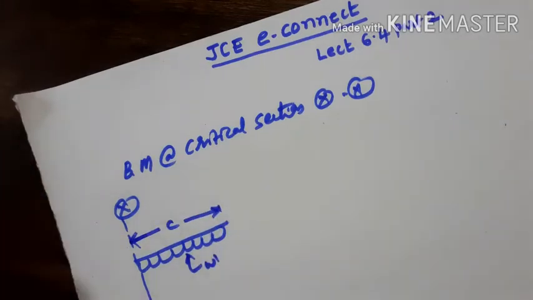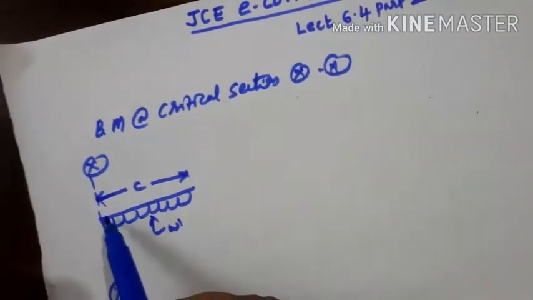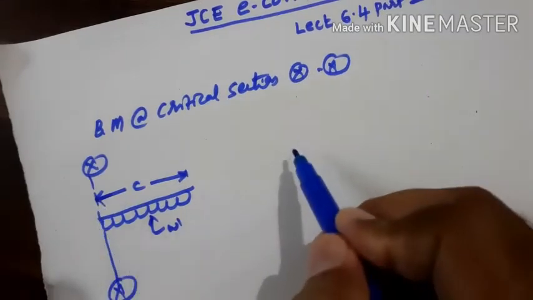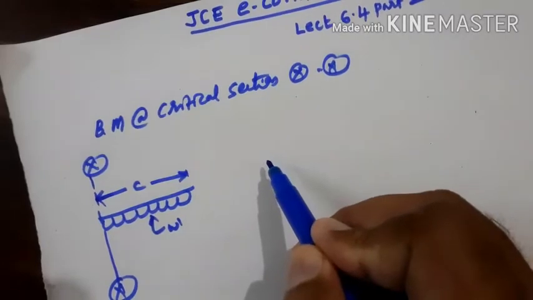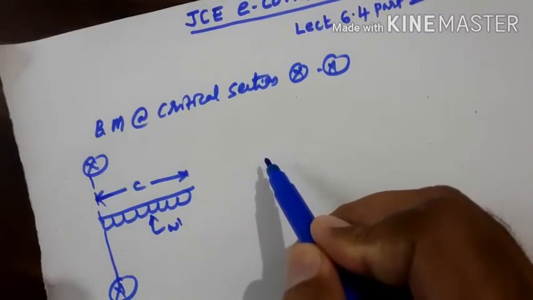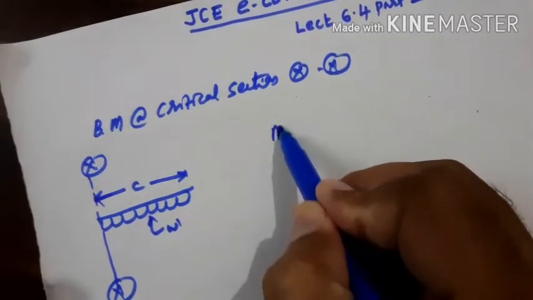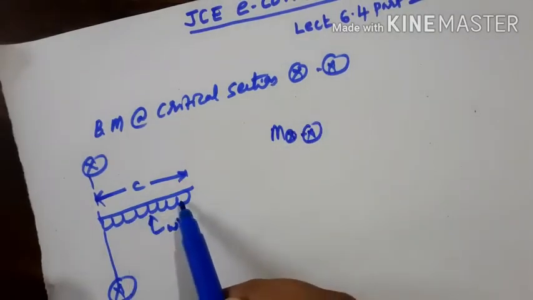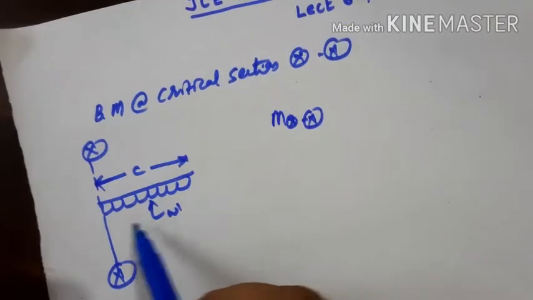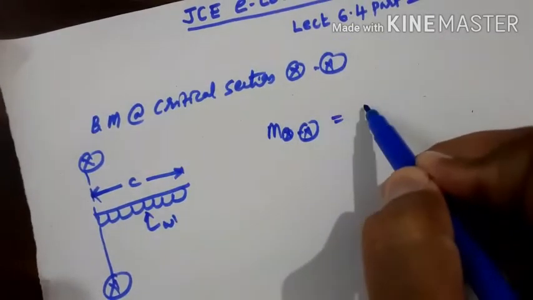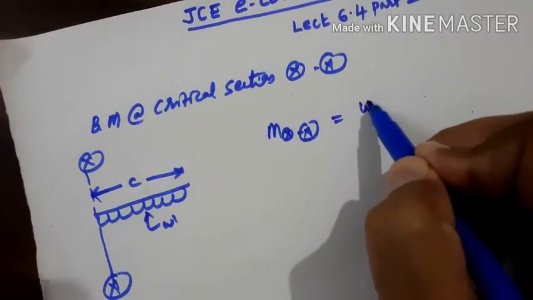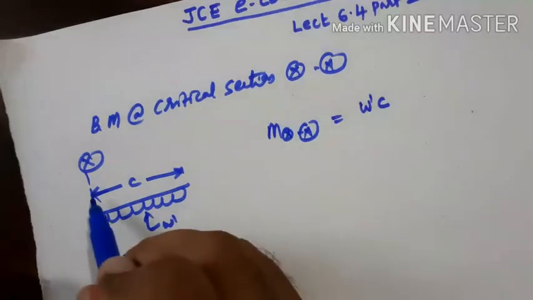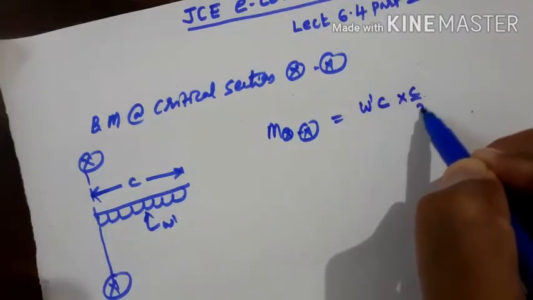Now what is the moment at this section? If I want to calculate the moment at this section, it will be Mxx. Since it is a UDL, first I have to convert it into a point load, that is w dash into C, then take moment about xx into C by 2.